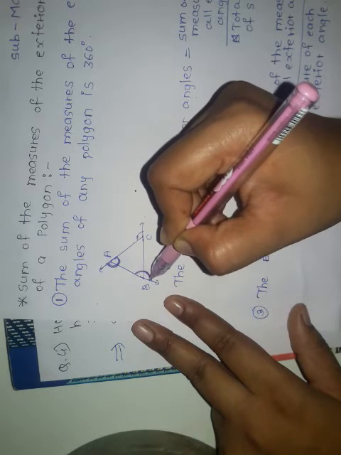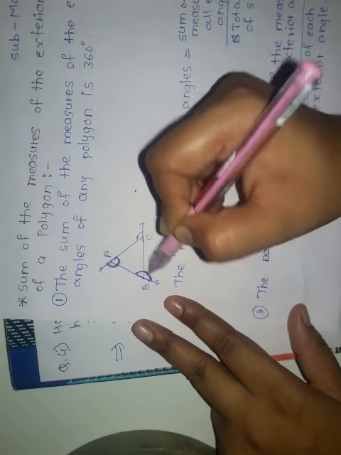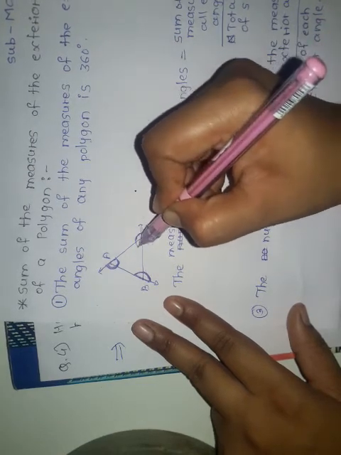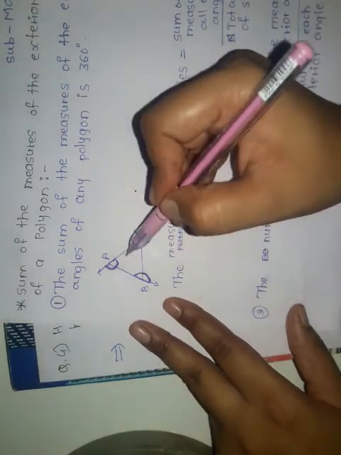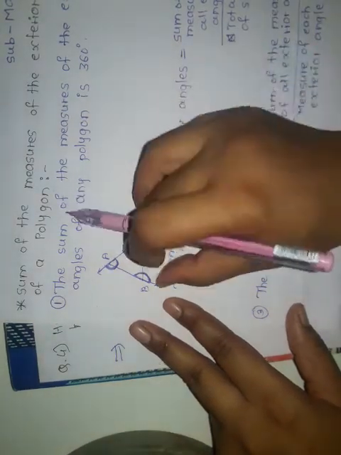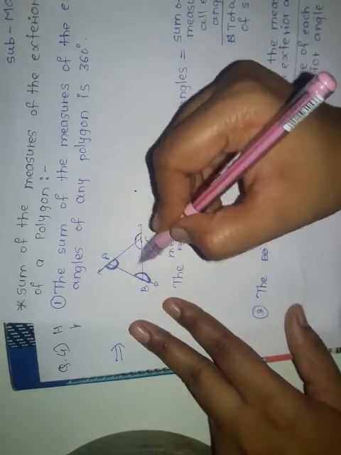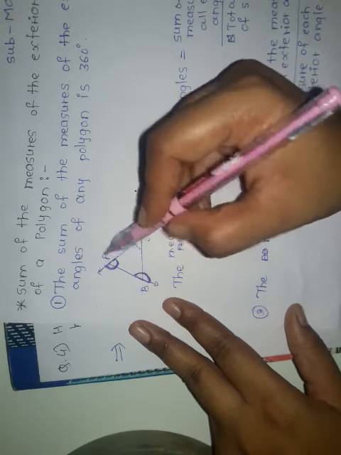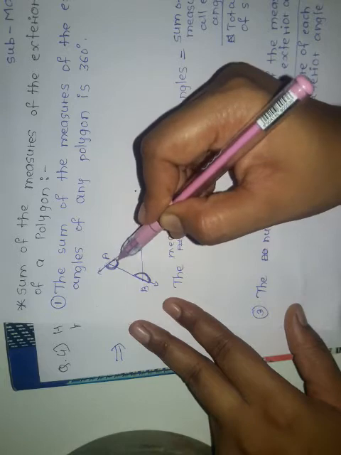This whole angle is on a straight line, which means they make a half circle or semicircle. If it makes a semicircle, then these angles are in a linear pair. Again here, this is the exterior angle and this is the interior angle, and they again form a semicircle. So from this figure, for all polygons, we conclude that all these exterior and interior angles are in a linear pair.